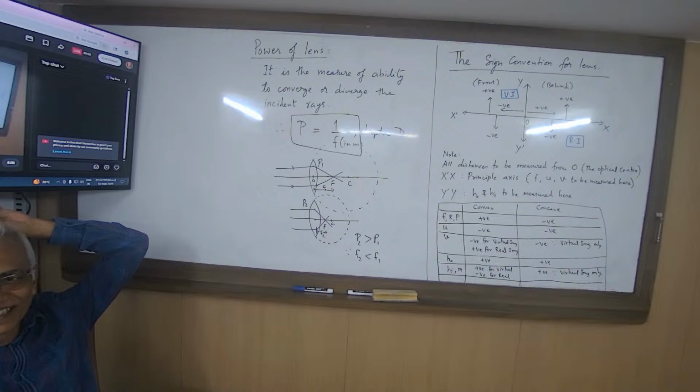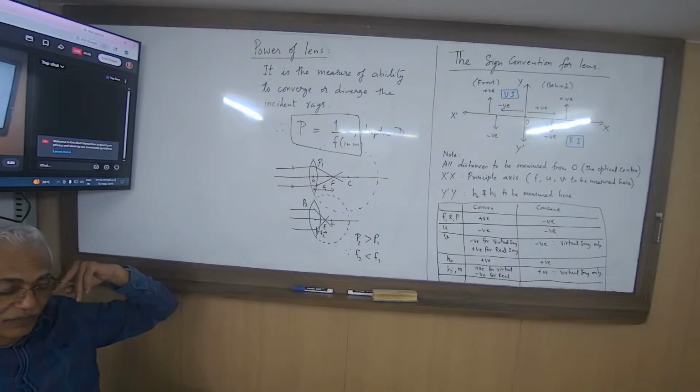Now you realize? So it is a hemisphere, P is the center, and the point of incidence is O. And you landed at P.